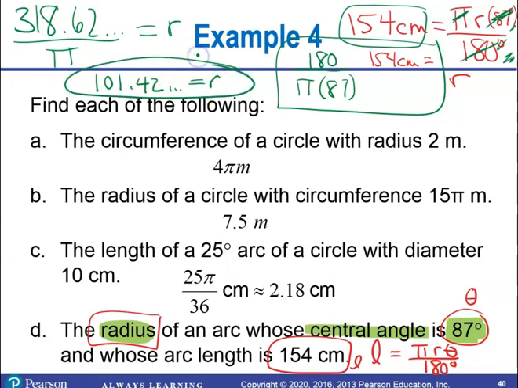Now again, anytime you're asked this question, they're going to be very specific about the answer. It'll either say in terms of pi, which means you leave your pi in your answer and leave it alone, or it's going to say a decimal rounded to a certain place. Let's see what they decided to do. Again, we have 318.62 over pi, which simplifies to 101.42.